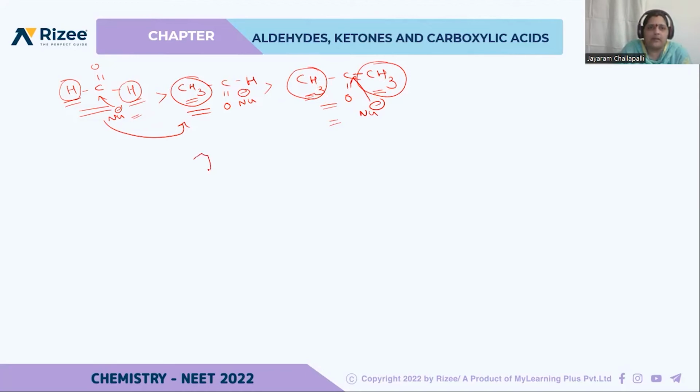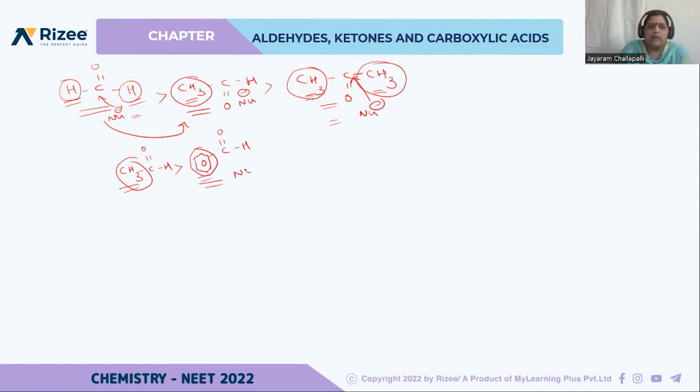So when we compare this sort of thing, the aromatic ring one is much less reactive when compared to our acetaldehyde. Why? Because here a methyl group is there, but here an aryl group is there.